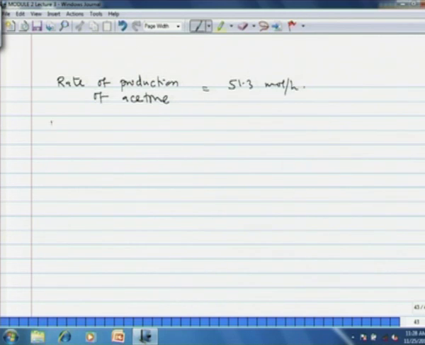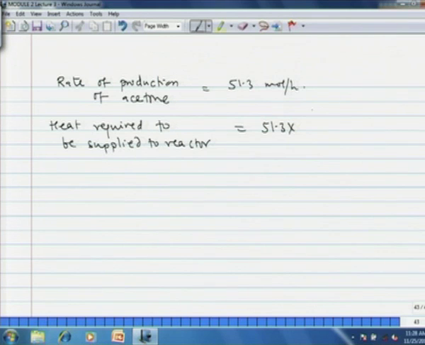The total heat required to be supplied to reactor is 51.3 into 25,800, that is 1.324 into 10 to the power 6 BTU per hour. Okay.